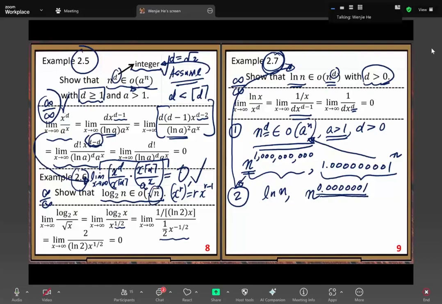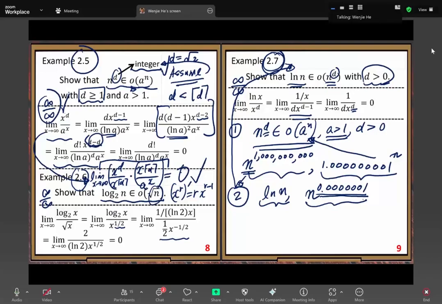Now I ask you to compare these two functions: which one would eventually beat the other one on their values?